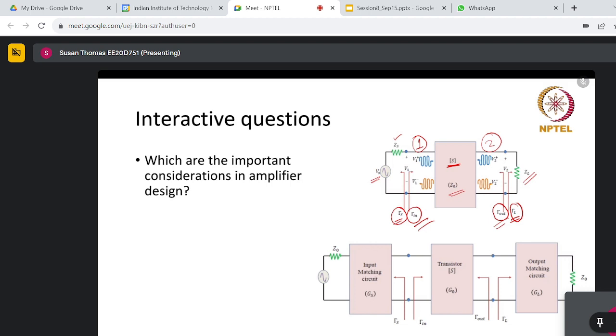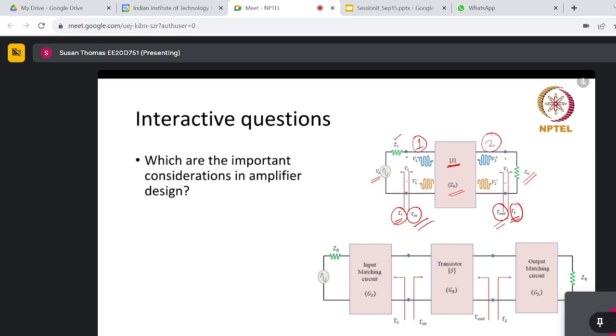Ma'am, reflection coefficient. Okay, fine. So in a way, it is going to be affected by the reflection coefficient. But in general, what is the purpose of an amplifier? It's giving you some gain, isn't it?